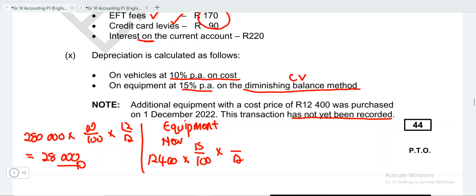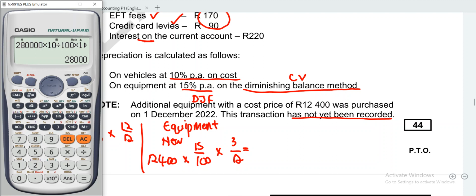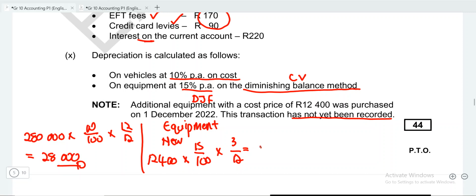From December to February, we have December, January, February, so it's 3 over 12. 12,400 multiplied by 15 divided by 100 and then multiplied by 3 divided by 12 is giving us 465. So we'd have that 465 here.